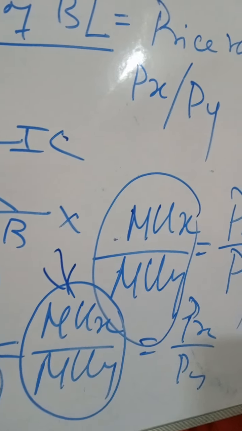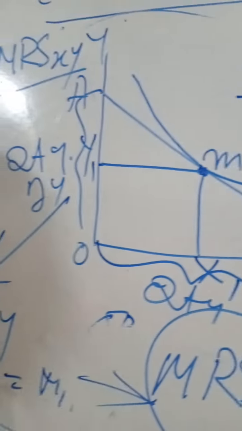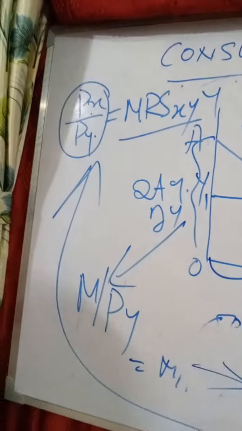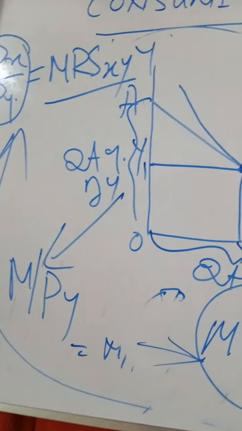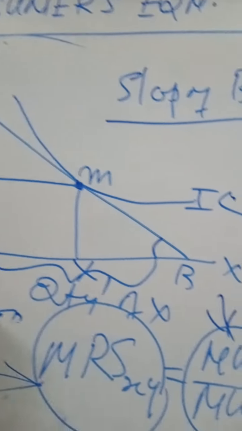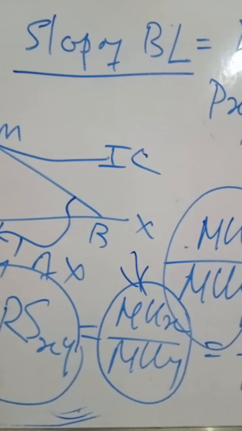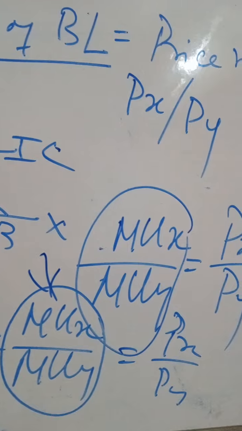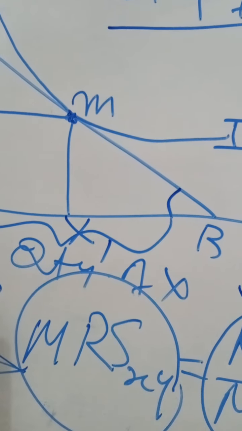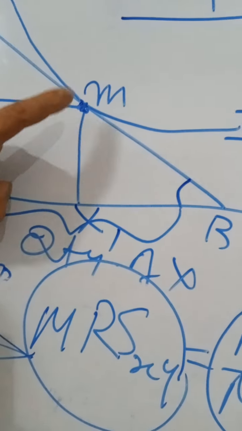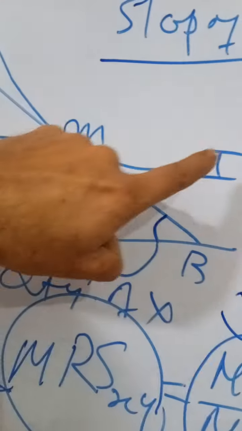So this is the indifference curve technique applied to establish consumers' equilibrium. That means the point on the indifference curve where the consumer derives maximum satisfaction by allocating his money income between two commodities. We have learned that consumers' equilibrium is established at the point of tangency between the indifference curve and the budget line, and at the point of tangency the IC must be convex to the origin.